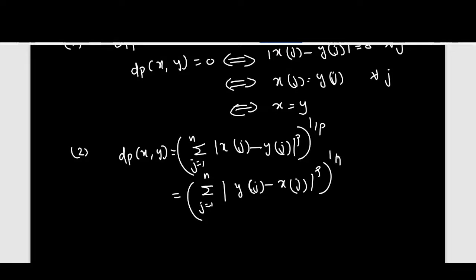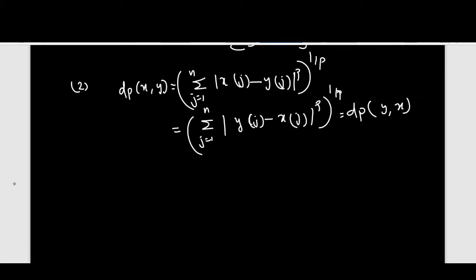We can write like this because here this is modulus. So this is equal to d_p(y,x). So d_p(x,y) equal to d_p(y,x). So the symmetry is also verified.